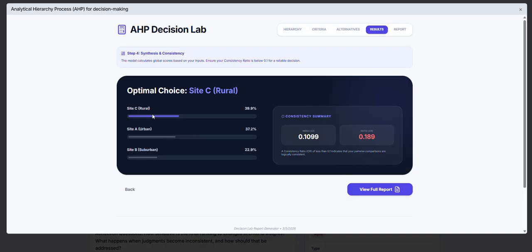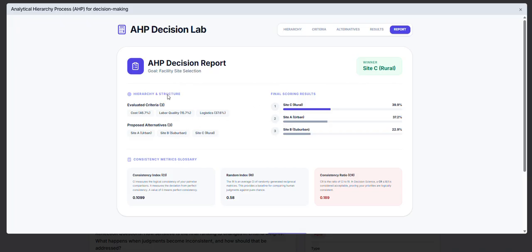So now site C is the winner, and we can calculate some consistency to check how much inconsistency basically there would be, and then we have the final report over here showing all the parameters, basically the evaluation criteria and the weightings, and then our alternatives, and then what are the scores, and giving the idea of the consistency index, which measures the logical consistency of our pairwise comparison, our answers, and it basically measures the deviation of a perfect consistency.